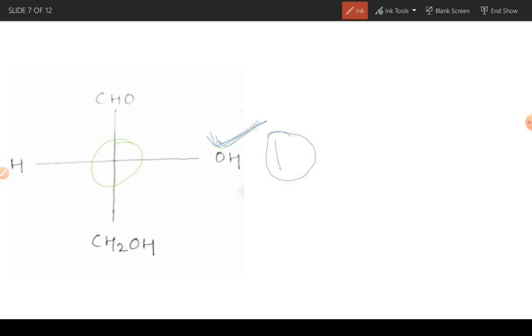Then as this C is attached to C, H and oxygen, we will assign it number 2, and this as 3, because here we get 2 hydrogen and oxygen. Between hydrogen and oxygen, we take oxygen as the higher priority.